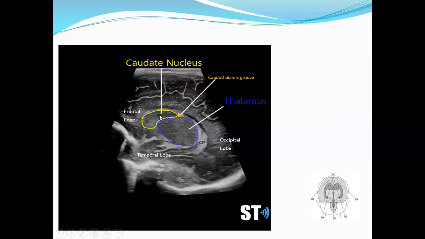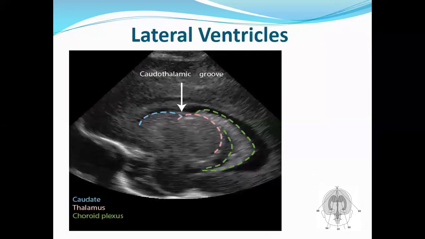The thalamus, the caudate, and the caudothalamic groove, very important. Choroid plexus here. This is the glomus of the choroid plexus. We continue. The caudothalamic groove, again, it will come into play.